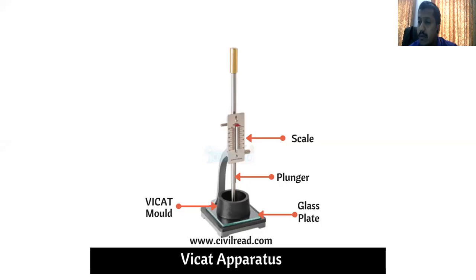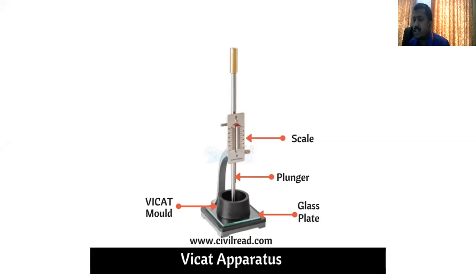But if the water content is less, will the plunger penetrate 30 to 35 mm? No. That is why, in the case of standard consistency, the penetration of the plunger should be 33 to 35 mm from the top, and 5 to 7 mm from the bottom.